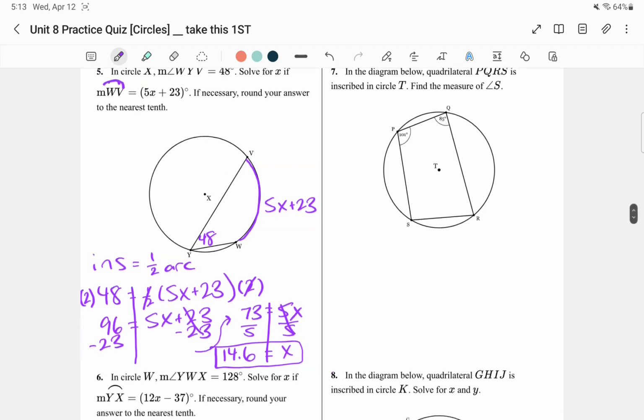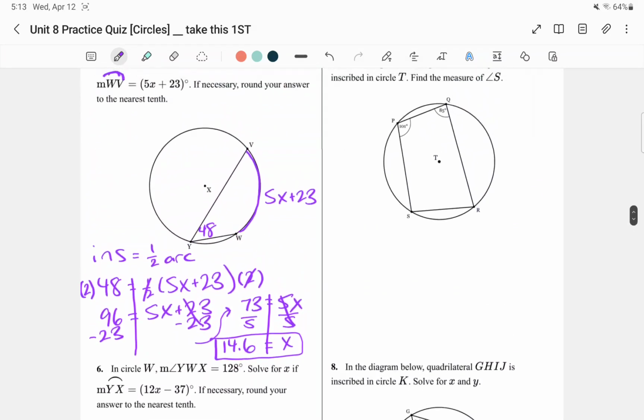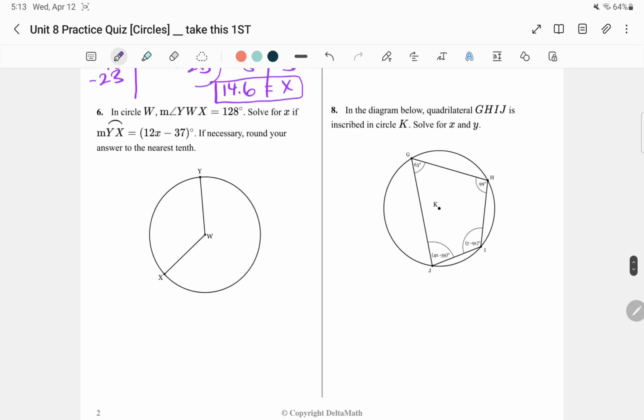All right, so for number 6, now notice how, again, this was inscribed because the vertex was along the edge, the outside, right? This one here is a central angle because the vertex, the W, right, is in the center. So because it's a central angle, they're going to be equal to each other. So 128 is going to equal 12x minus 37.